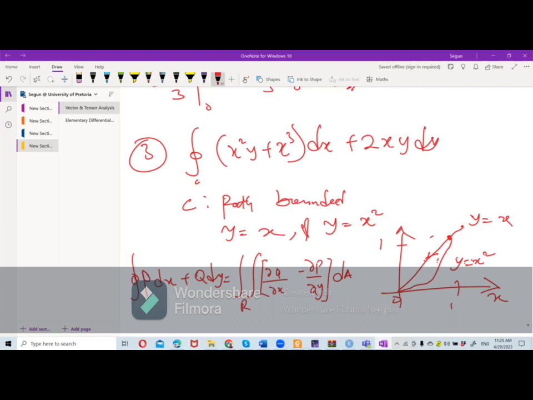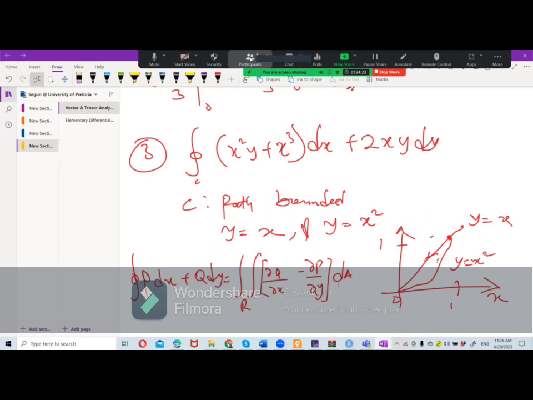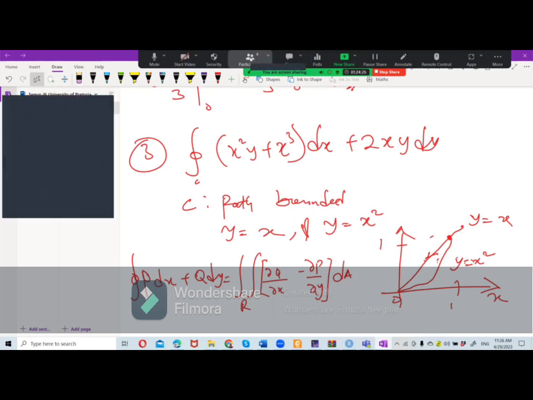Then you can now begin to dissect it. Any question? Are we solving it?